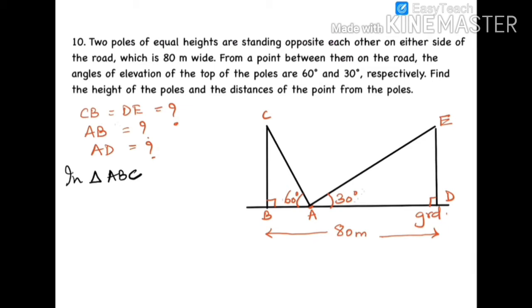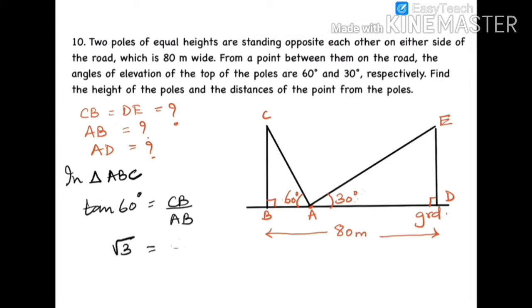BC upon AB is opposite upon adjacent with respect to 60 degree angle, which is tan 60 degrees. So tan 60 degrees is equal to CB upon AB. Tan 60 degrees is √3.